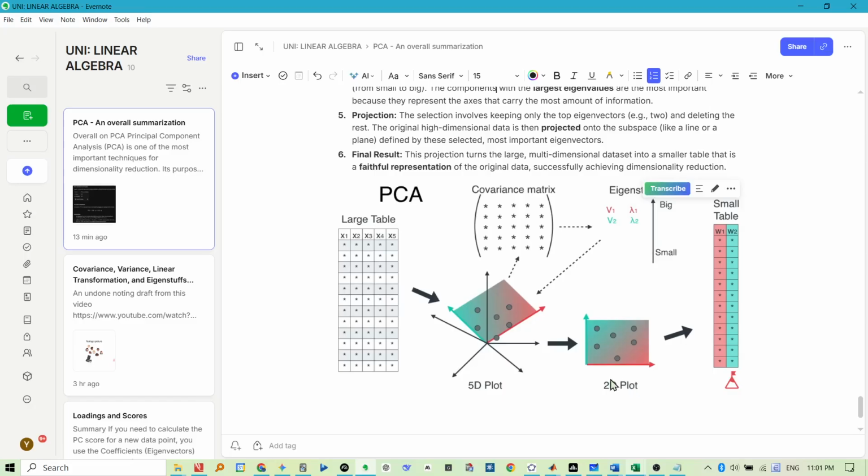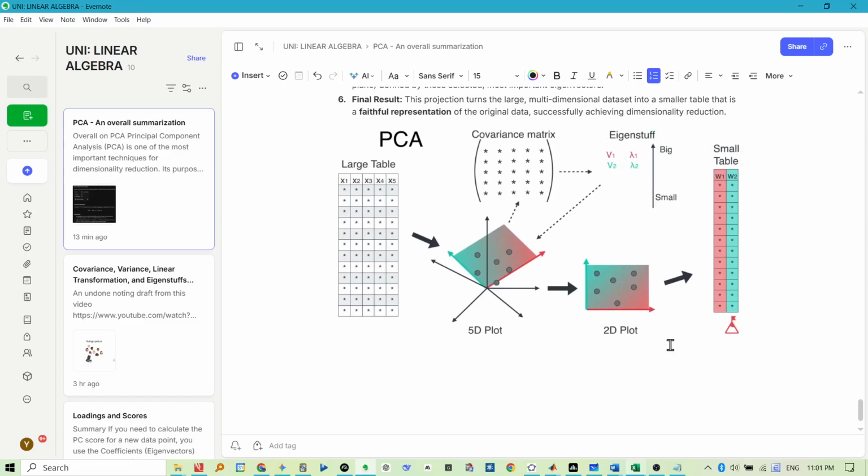If we choose 2 eigenvectors, we'll get a 2D representation of our original 5D table of data. We project them, and from this to this, we have performed a change of basis.